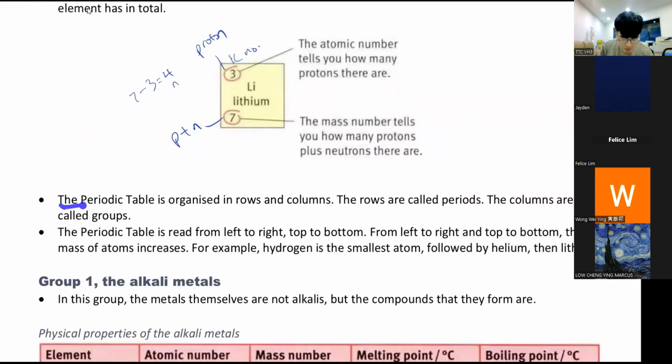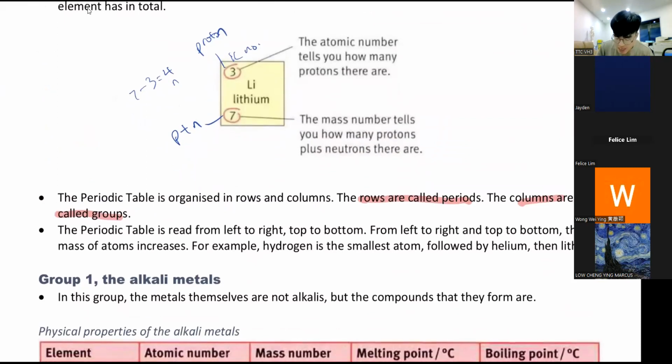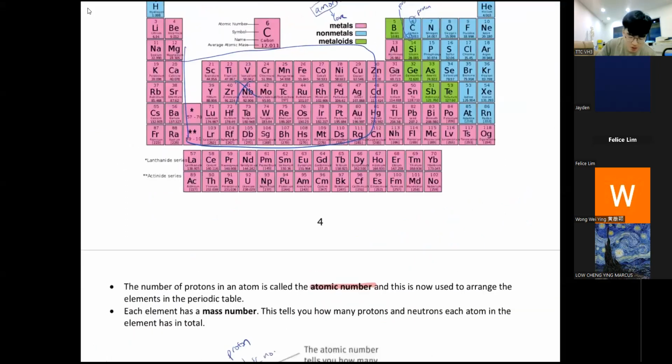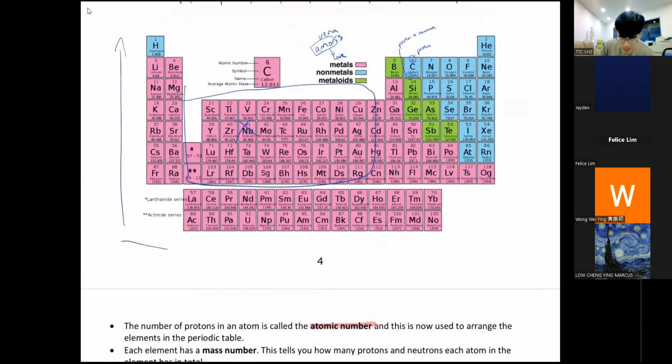The periodic table is organized in rows and columns. Very important: the rows are called periods, the columns are called groups. Very easy. If you take this as maths, remember your coordinates.